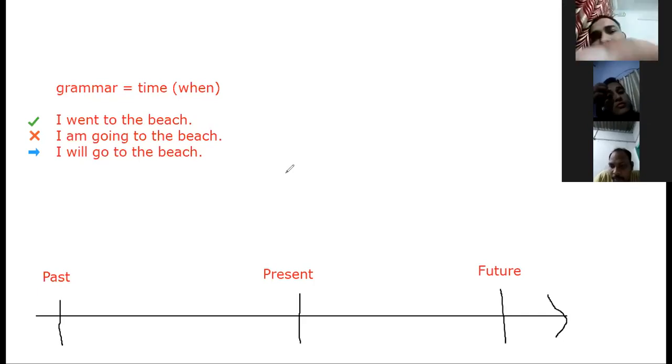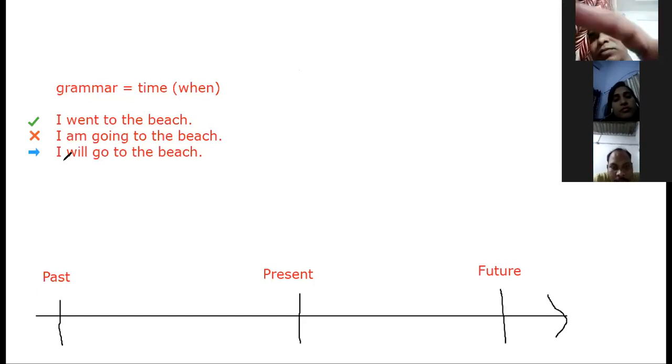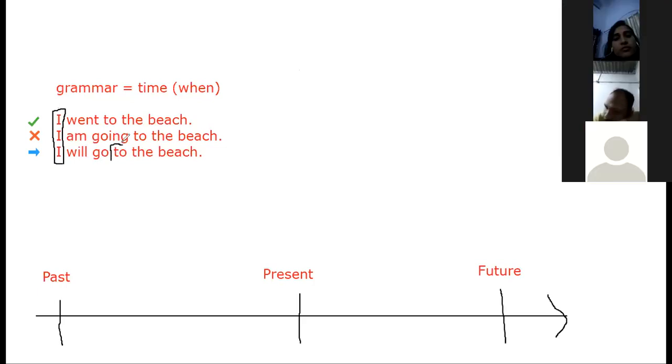Like what specific part of it? Verb. Verbs. Yes, exactly, right? It's the verbs. So look, the subject is the same. In all three of these sentences, the subject is the same. And look at the object.